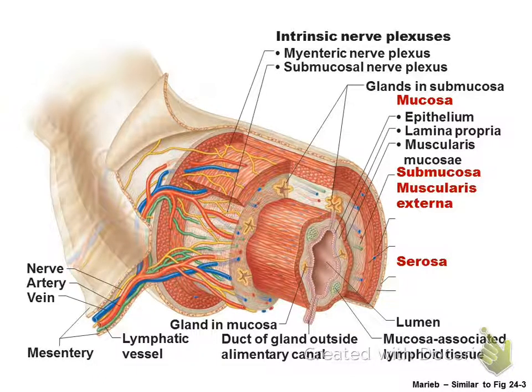Notice besides an epithelial sublayer, we're going to have lamina propria and muscularis mucosa. Haven't we talked about lamina propria before? What's lamina propria? Same thing as basement membrane or basal lamina. Good. What is that?